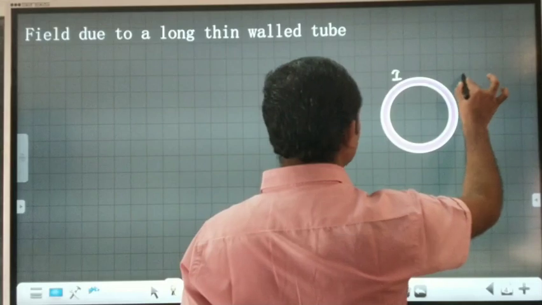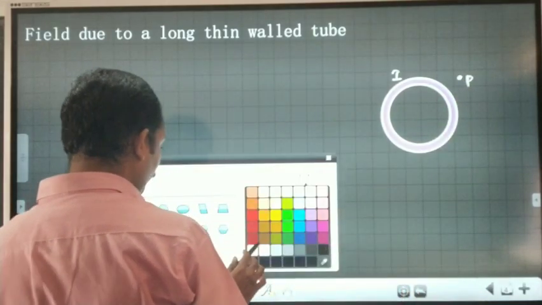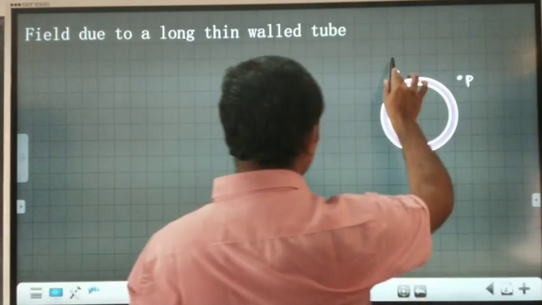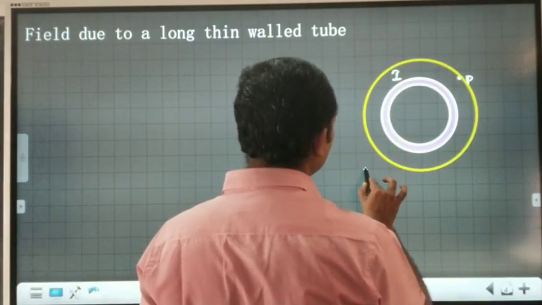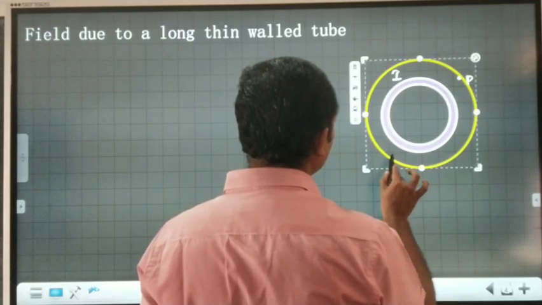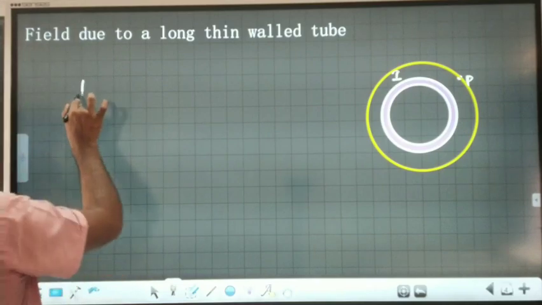If I construct an Ampere loop here, I can easily understand this problem. What is the magnetic field at the point P?